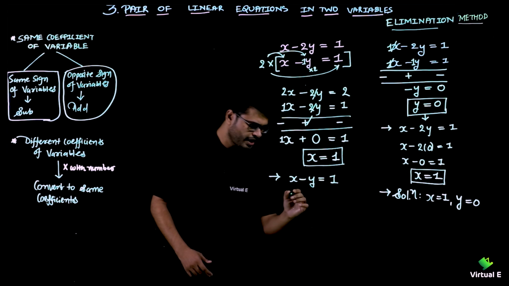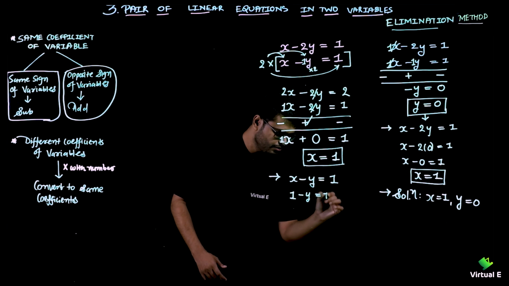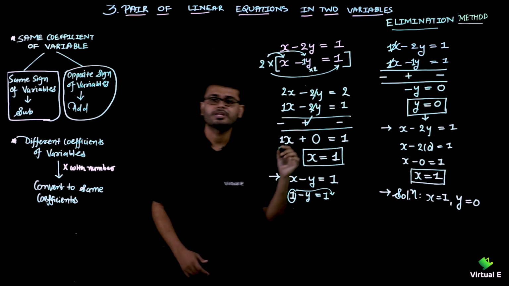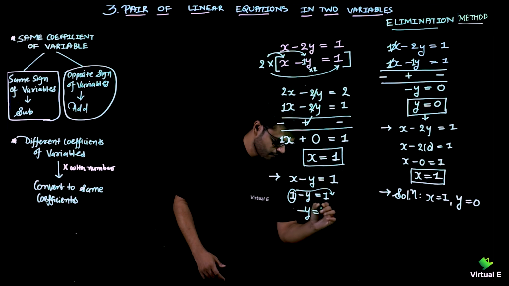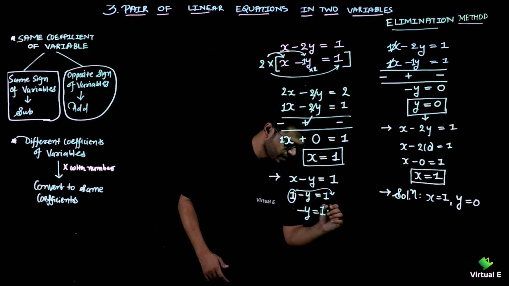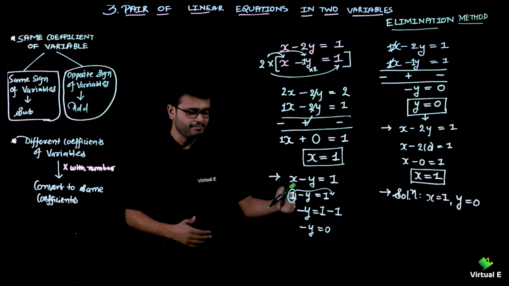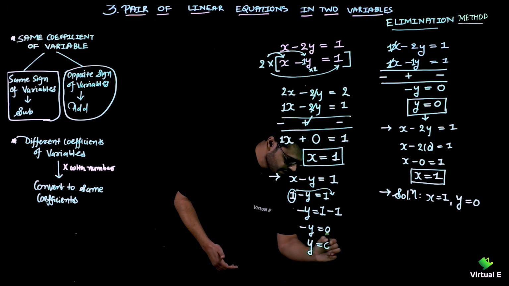So x is equal to 1, I am going to do 1 minus y is equal to 1. This 1 I will be shifting that side, so that will become minus 1. Minus y as it is, and then this one will become minus 1. So minus y is equal to 0, and you know that if we multiply minus on both sides, that will become y and 0.